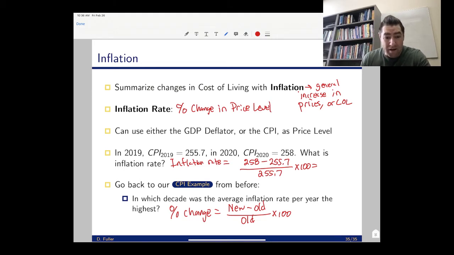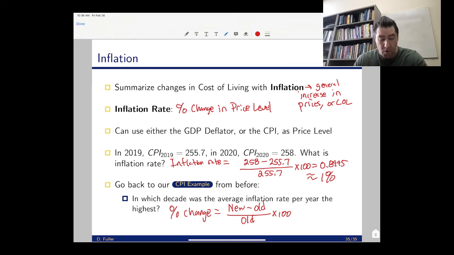And I get about 0.8995%. So that's about 1%, right? So if it's equal to 1, it's 1% inflation, so about 0.9%. So the cost of living increased by about 1% between 2019 and 2020. So not a huge increase.